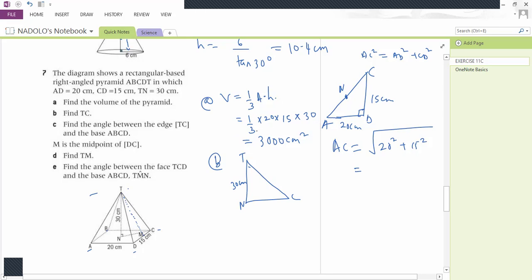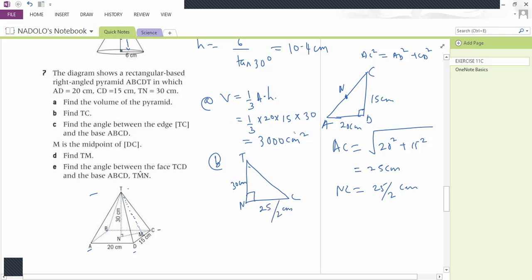So AC is 25 centimeters. So that means our NC will be half that length, which is 25 over 2 centimeters. So we have NC for this triangle. Remember, it is 90 degrees at N. So this is 25 over 2 centimeters.